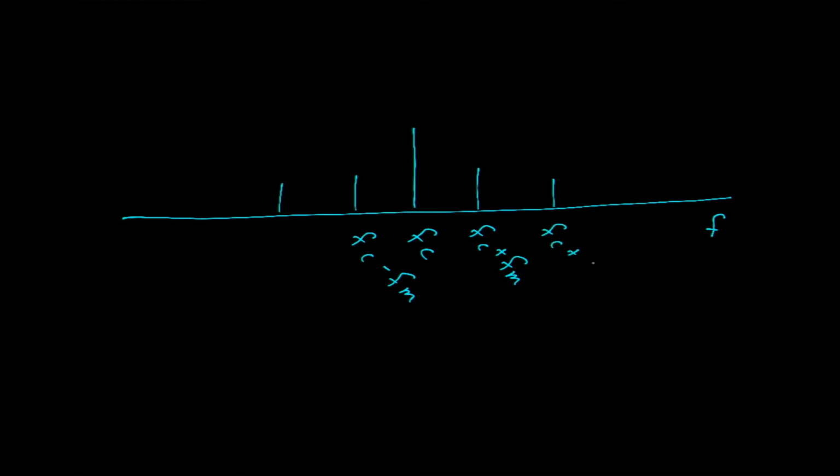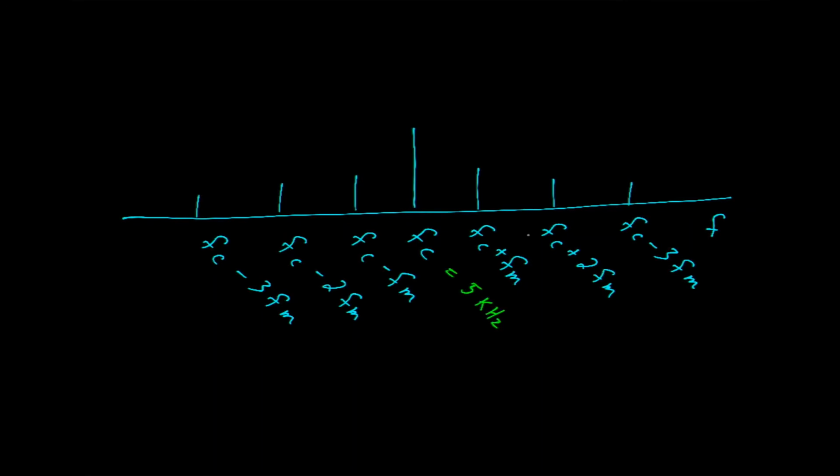So FC plus 2 times the modulating frequency, FC minus 2 times the modulating frequency. And we can continue on for as many sideband pairs as we have. In our example, this was 5 kilohertz. The first sideband pairs occurred at 5.1 kilohertz and 4.9 kilohertz. And I'll leave it to you to fill in the rest of these frequencies.